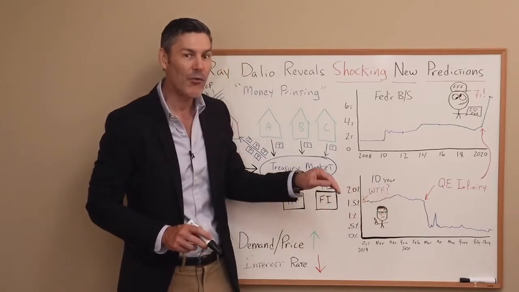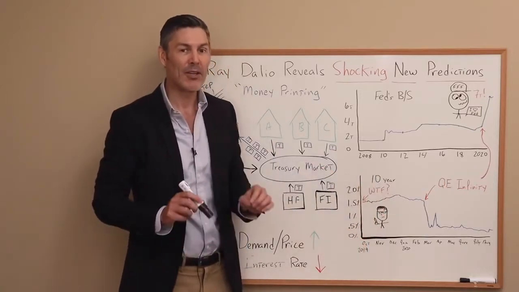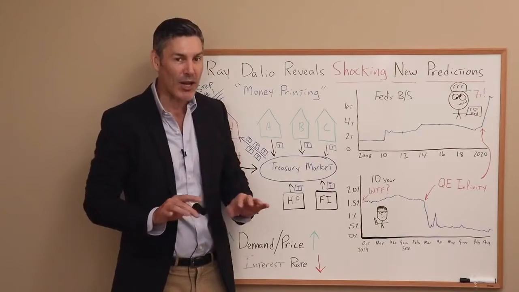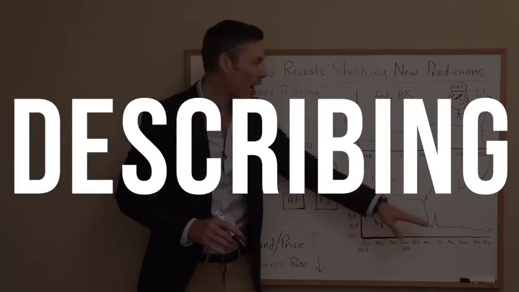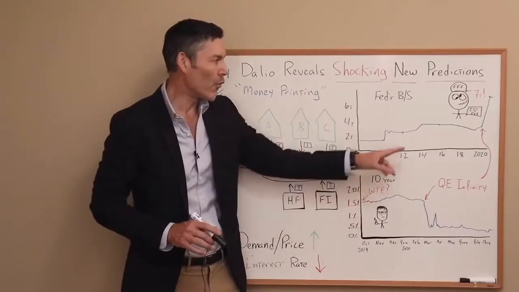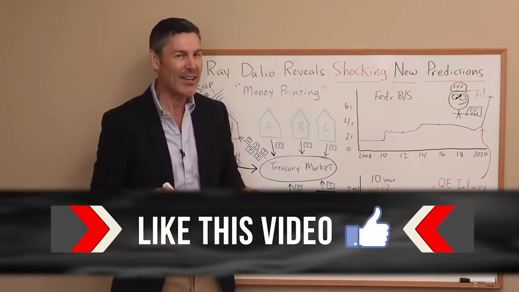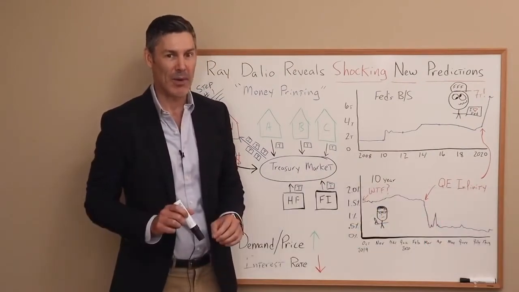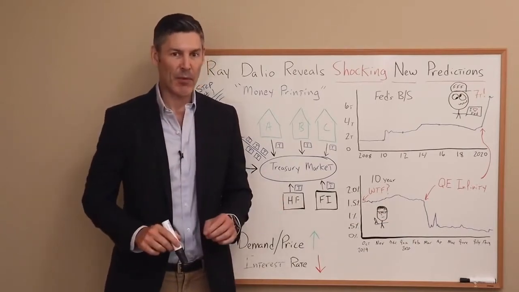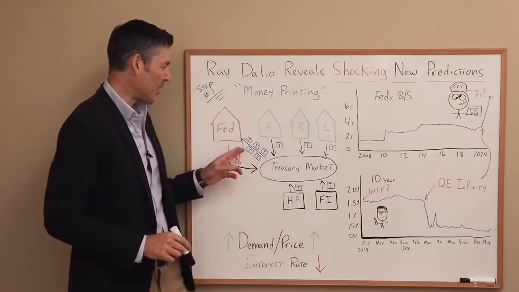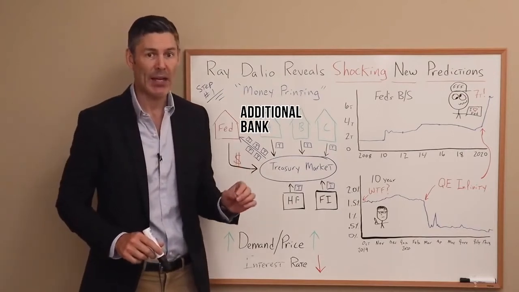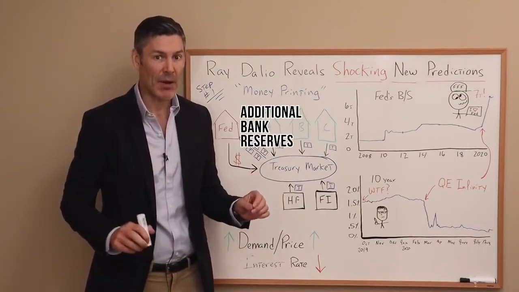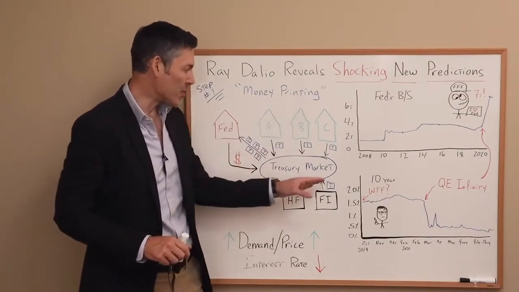So I don't want to go too far down that rabbit hole, but I do want to make sure everyone watching this video knows that I'm describing the world through Ray Dalio's eyes. I'm not necessarily saying that's the way it is. That's definitely an open debate. But the main takeaway from step number one is the Fed is coming in and creating additional bank reserves, printing money in other words, to buy treasuries.